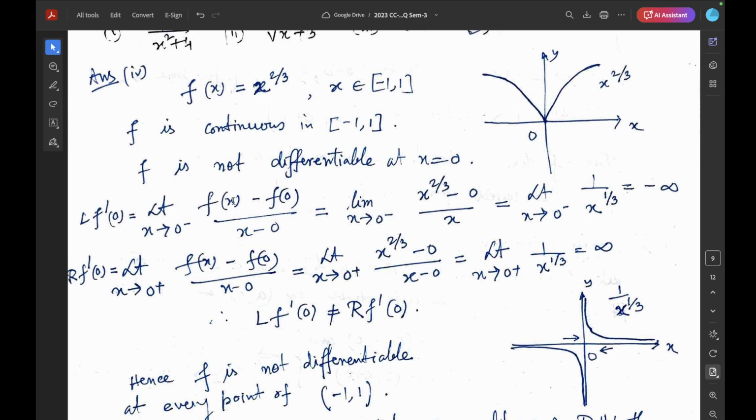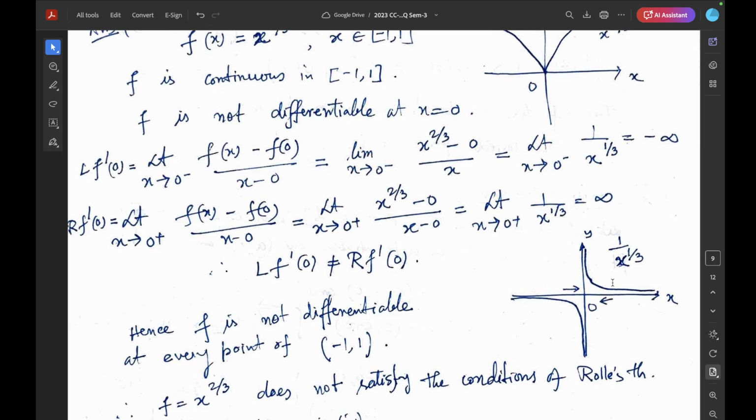The left hand limit as x tends to 0 minus of (f(x) minus f(0)) by (x minus 0) is equal to the limit of 1 by x to the power 1 by 3, which is equal to minus infinity. The right hand limit as x tends to 0 plus of (f(x) minus f(0)) by (x minus 0) is equal to the limit of 1 by x to the power 1 by 3, which tends to infinity.